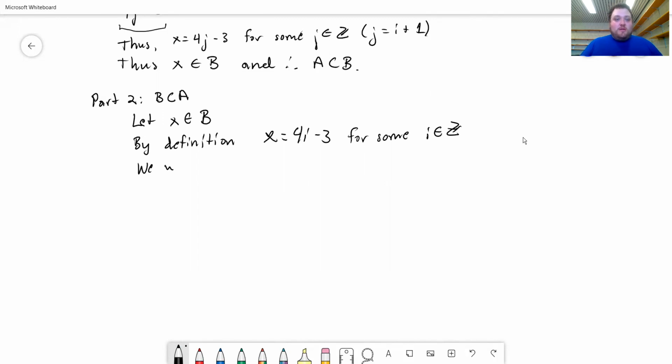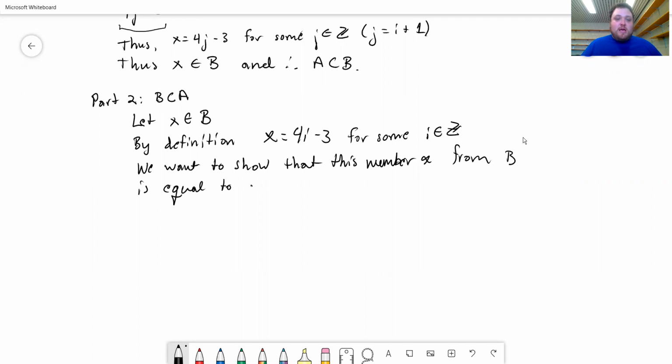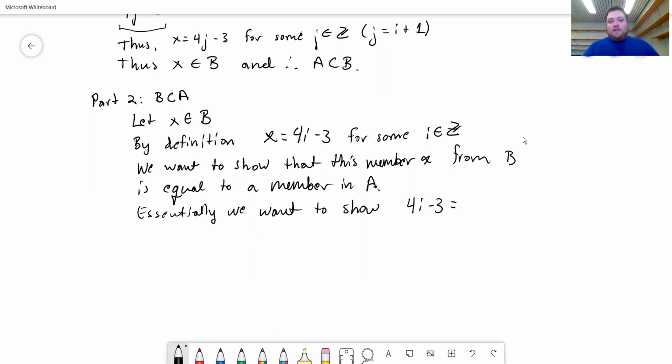We want to show that this number, x, from B is equal to a number in A. So essentially, we want to show that 4i minus 3 is equal to 4j plus 1.